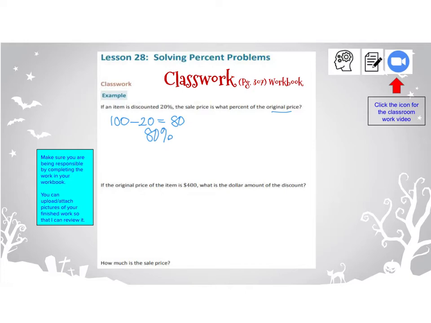Okay, if the original price of the item is $400, what is the dollar amount of the discount? Like, how much are we saving?